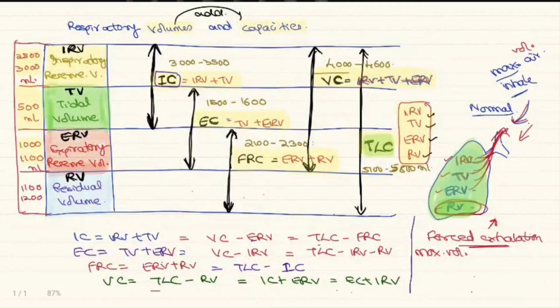And the last combination is the TLC, and TLC is IC plus FRC, TLC is VC plus RV, and so on. So there are so many combinations for the capacities. You just have to focus on the diagram and see which capacity is the addition of which type of volumes. Hope you understand. Let's continue with the next topic.